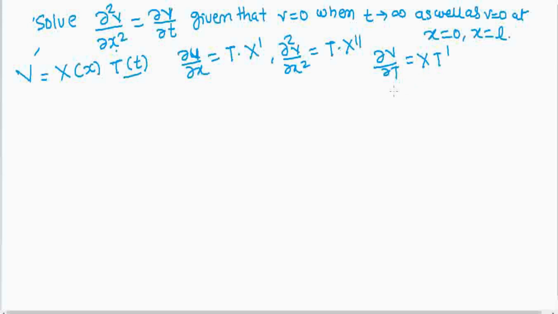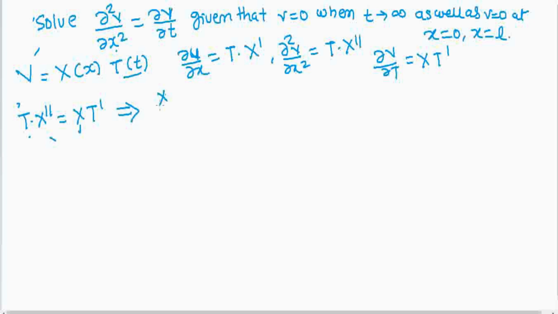So let us put these values in the given equation. We have T into X double dash equal to X into T dash. Now transfer the X term to one side and the T term to the other side.